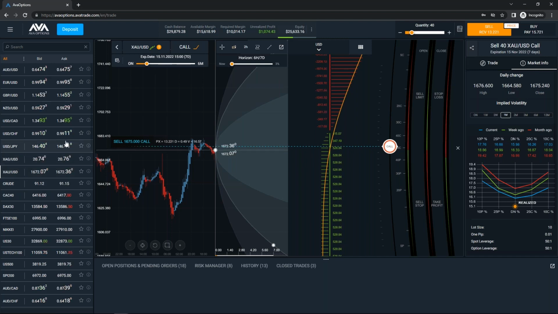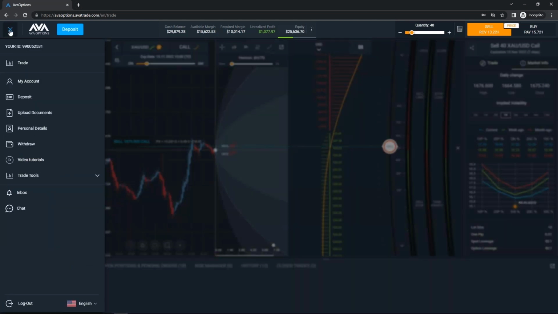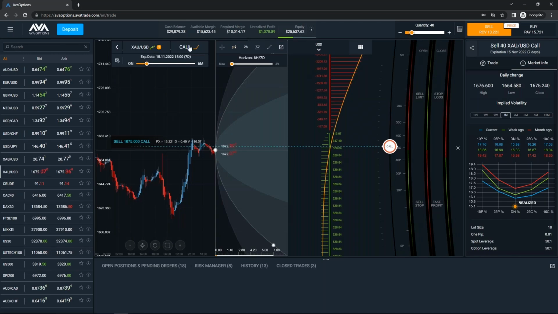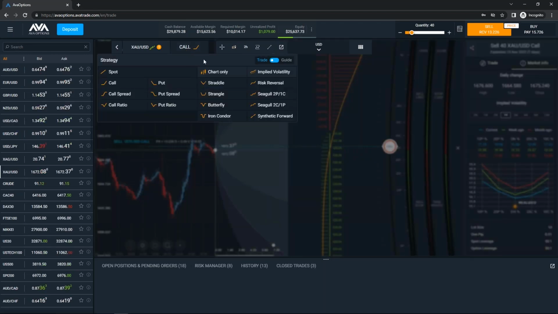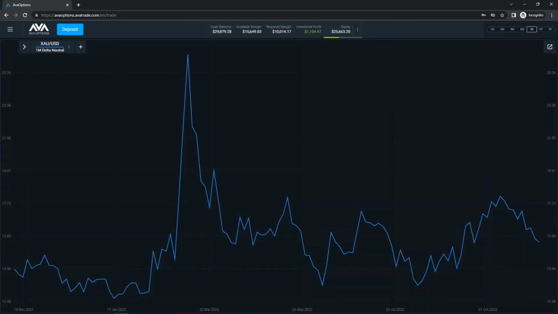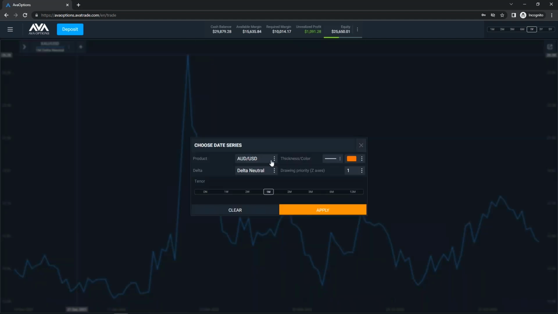We have another way to do charting of implied volatility. In the strategy button, in the strategy panel, we have a button here for implied volatility. When I click that, it gives me a chart of implied volatility going back for a year on gold, because I was looking at gold. I can add here other assets.